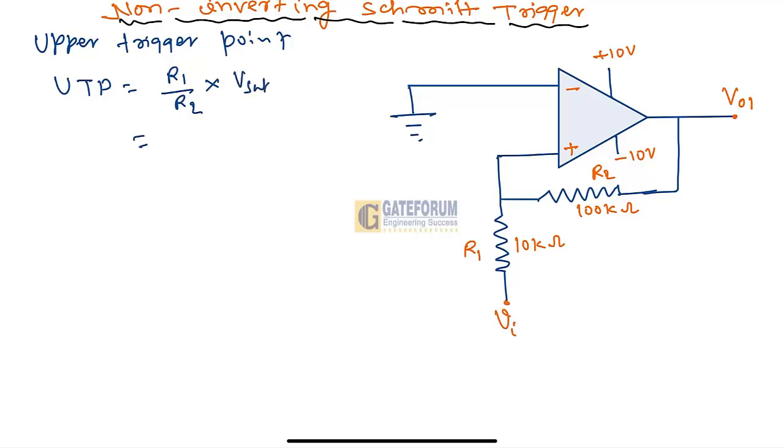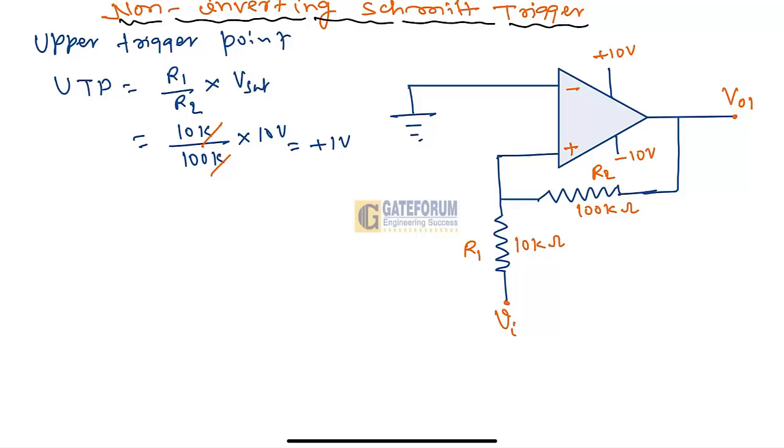Here R1 is 10K, R2 is 100K, and plus Vsat is 10 volt. After solving, the K gets cancelled and this becomes 100 by 100. So the UTP, the upper trigger point, becomes plus 1 volt. What do you mean by this?